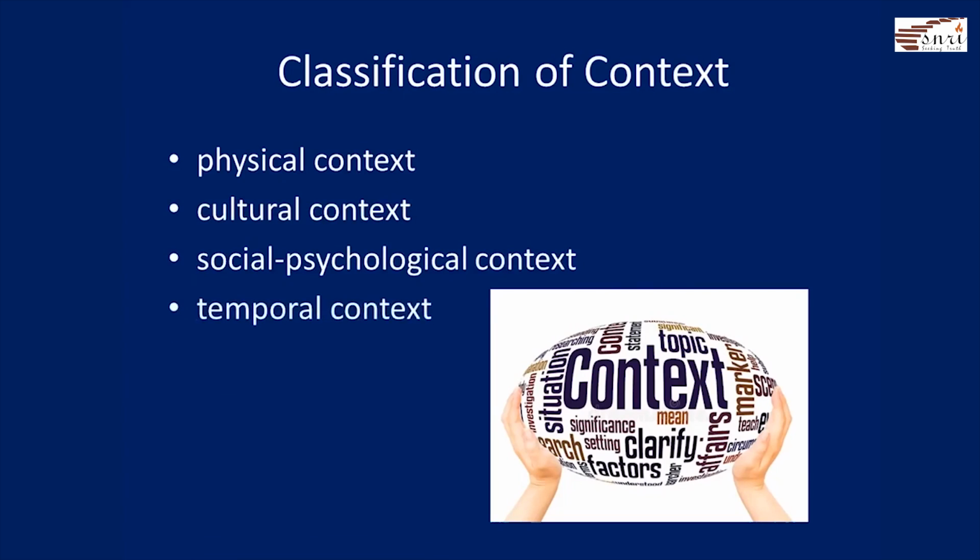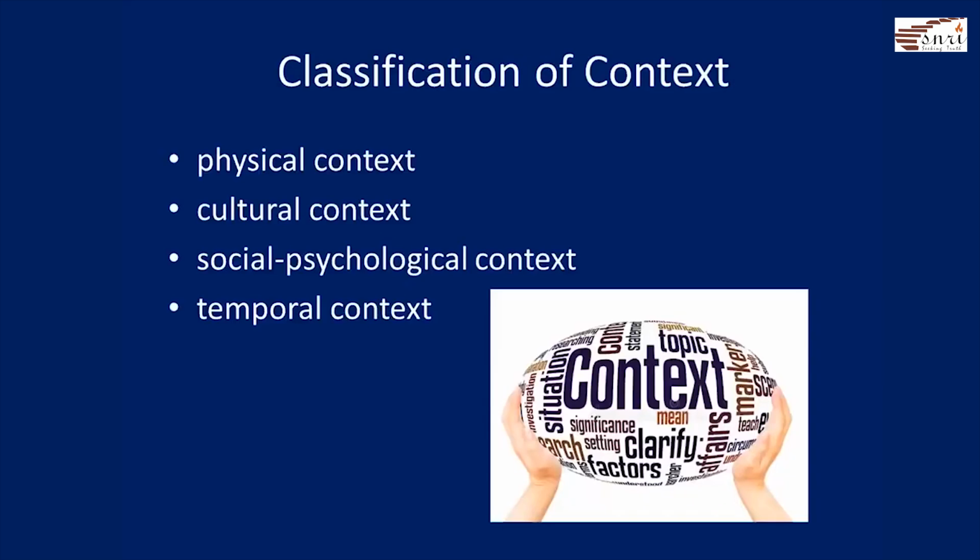Now, the physical context refers to the concrete environment. So that is a workplace, home, office, etc. Cultural basically refers to the culture in which we live. And then we also have the social psychological context and the temporal context, which also includes space and time.